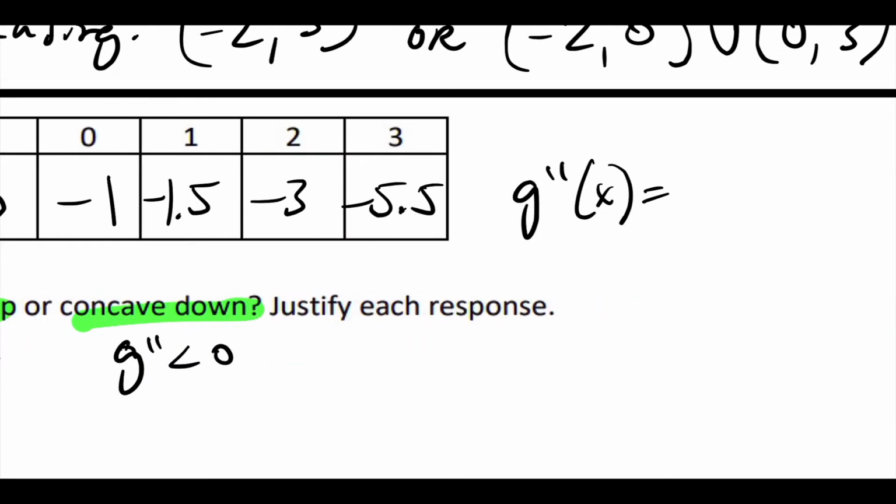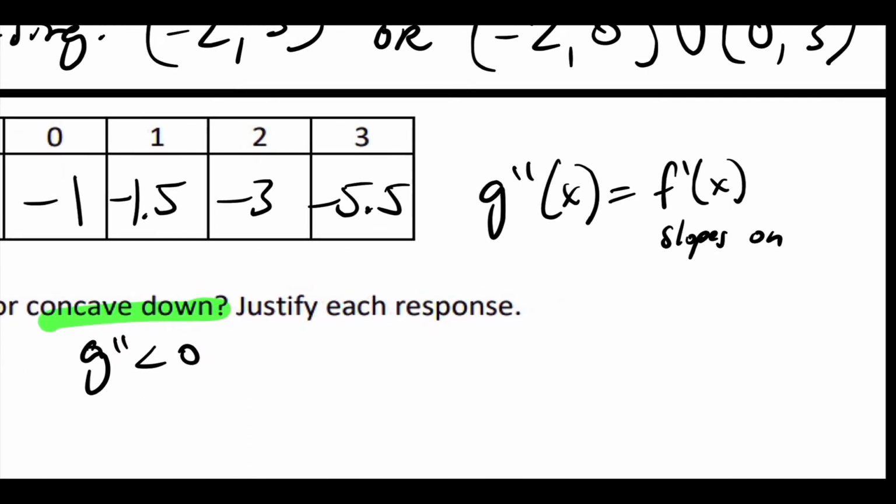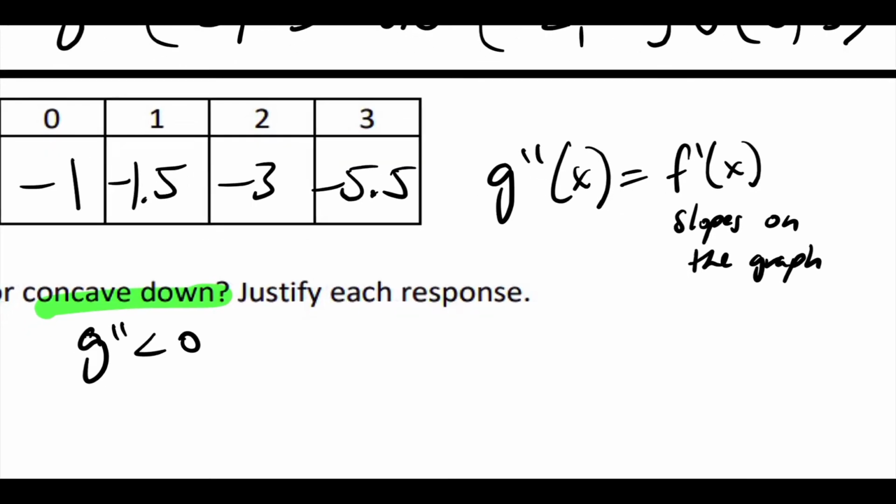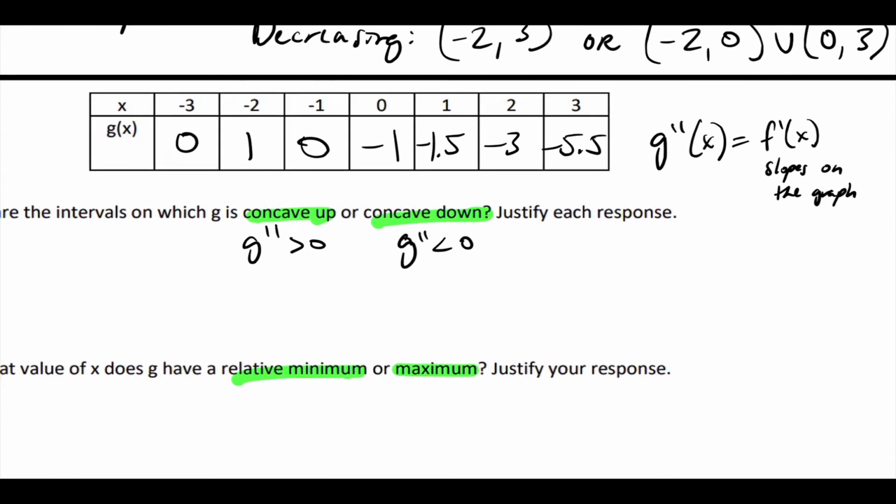So let's write that down. G double prime equals f prime of x, which is slopes on the graph. So now a positive slope is going to be G double prime being positive.